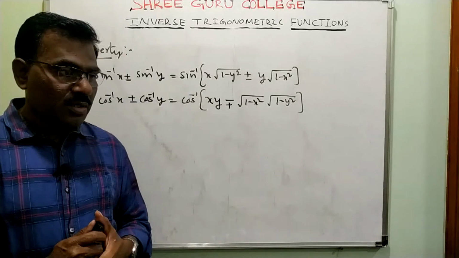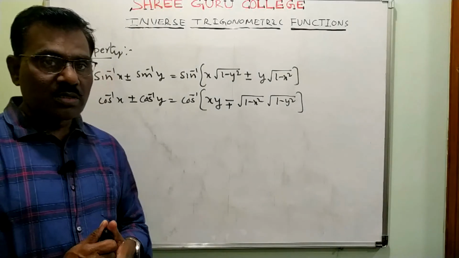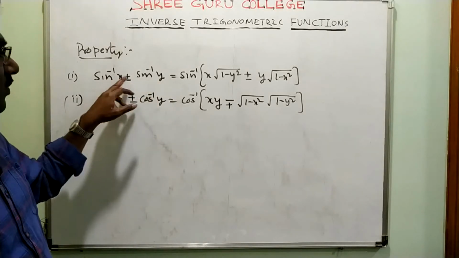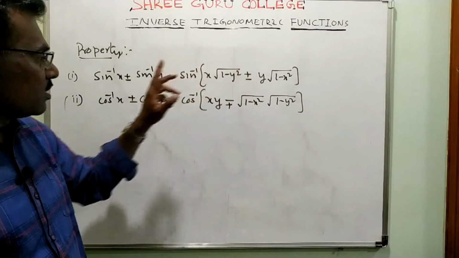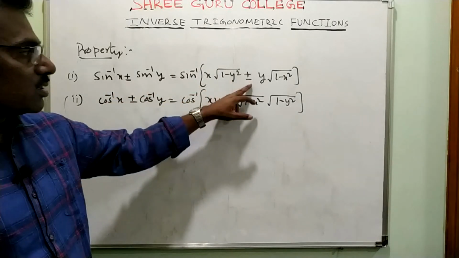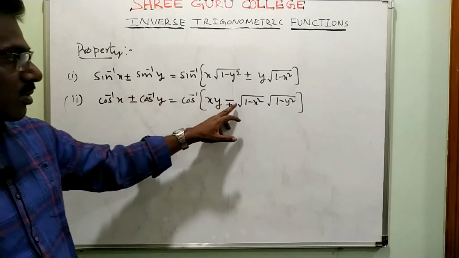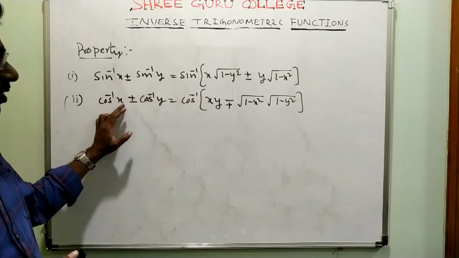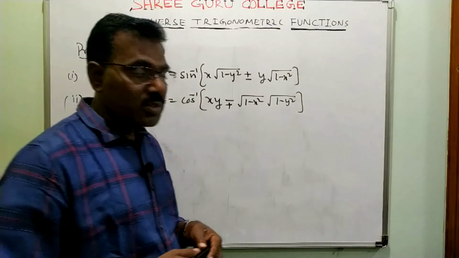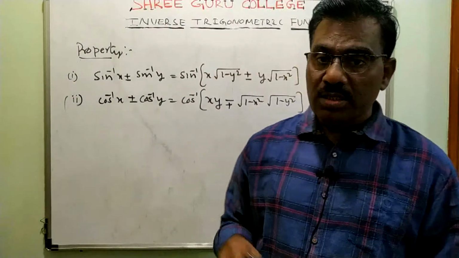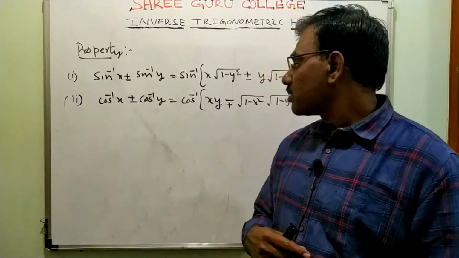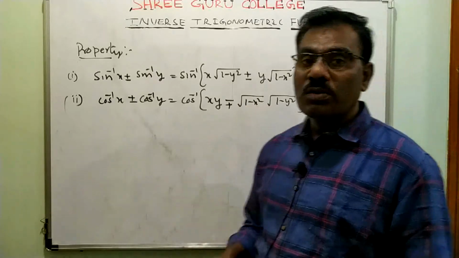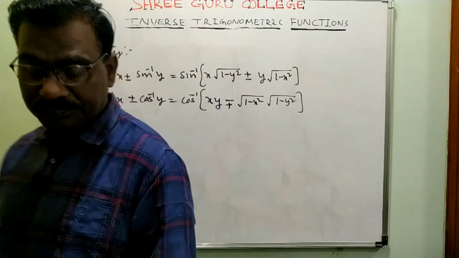Why am I giving this here? You know tan inverse of x plus tan inverse of y, but sin inverse of x plus sin inverse of y is also there. If it is sin inverse of x plus sin inverse of y, it is plus; sin inverse of x minus sin inverse of y, minus. Here plus means write minus, minus means plus. What is cos inverse of x plus cos inverse of y? Cos inverse of xy minus root 1 minus x square into root 1 minus y square.